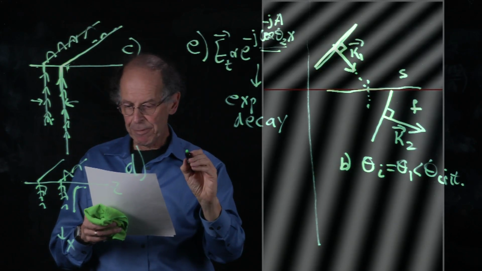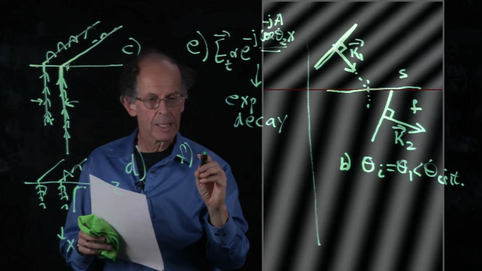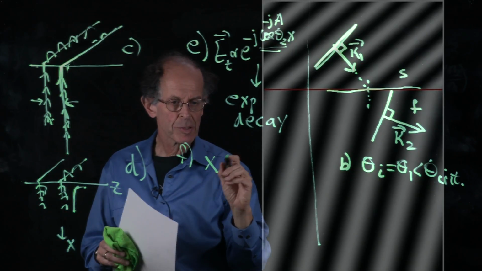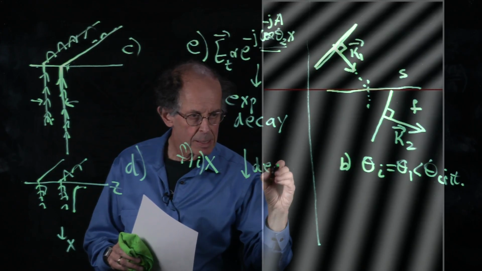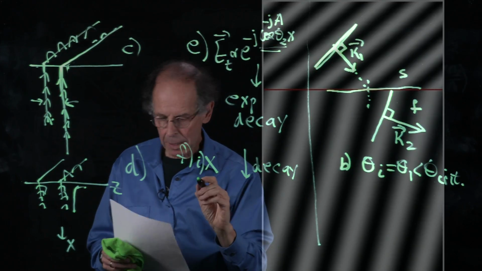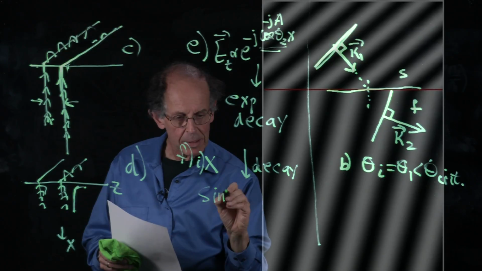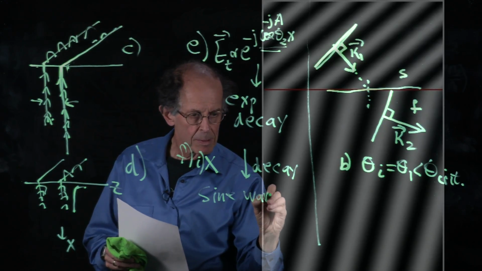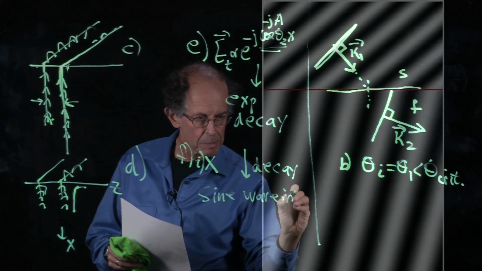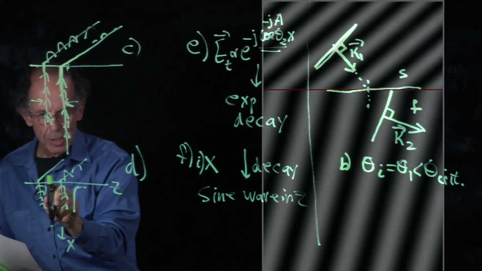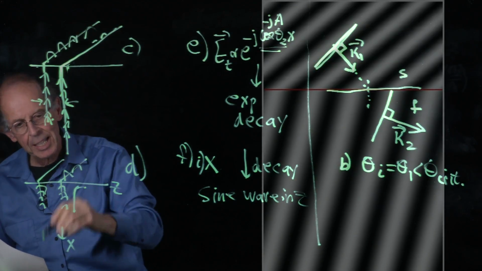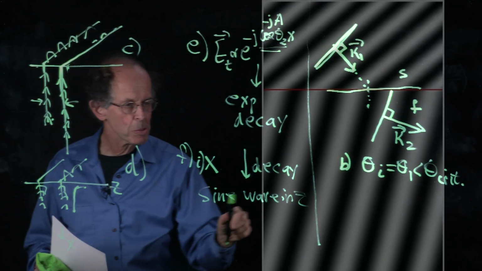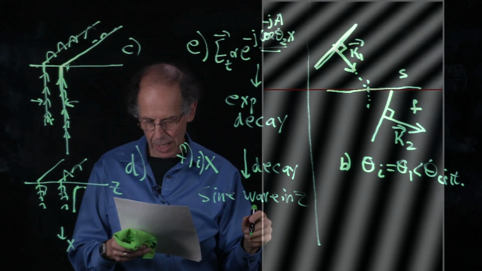Now, F, amplitude in x, first part, decay. Sine wave in z. If we look here, you still have the fronts moving in the z direction, but decaying away in the x direction. So we have a sine wave motion in z.